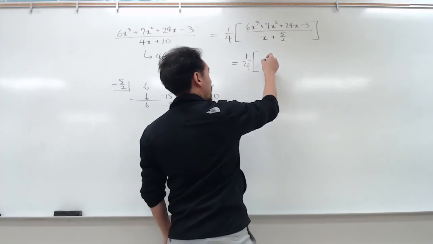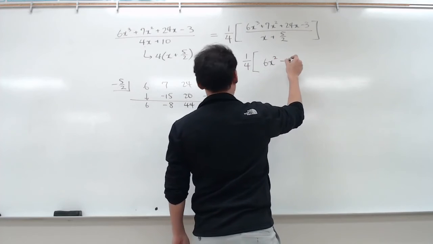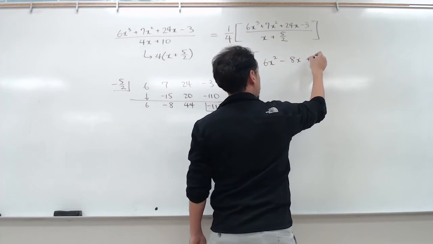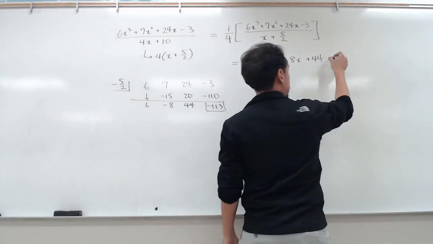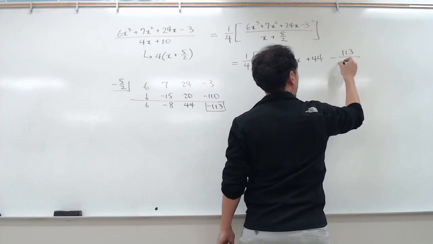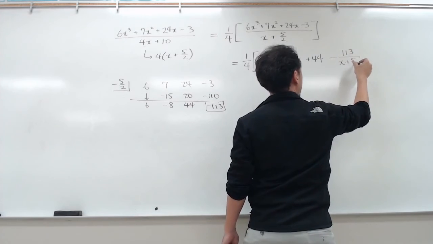So we'll have 6x squared minus 8x plus 44, and then the remainder of negative 113 all over x plus 5 halves.